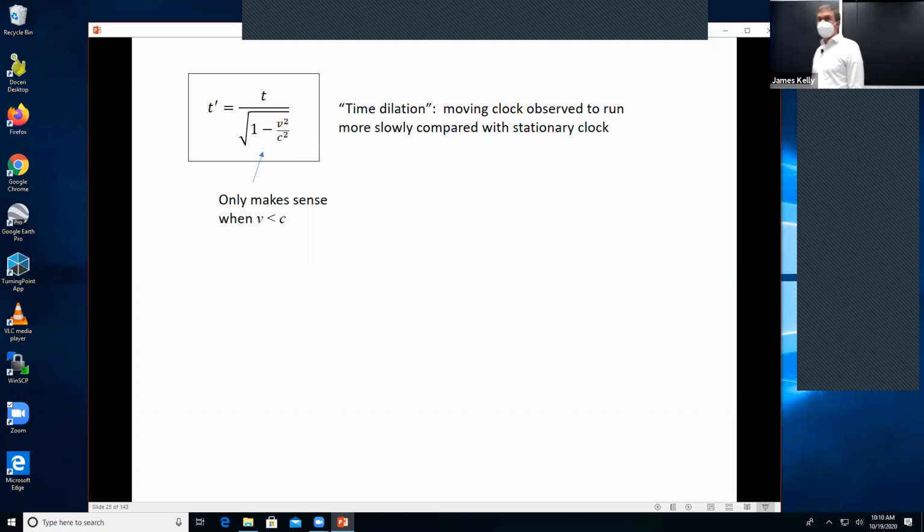We'd be dividing by 0, which some people might say is kind of like infinity, but at least it's ambiguous, and so the formula doesn't make any finite sense when v is equal to c. What about if v is greater than c? It says this only makes sense if v is less than c. If v were greater than c, what would happen that causes problems?